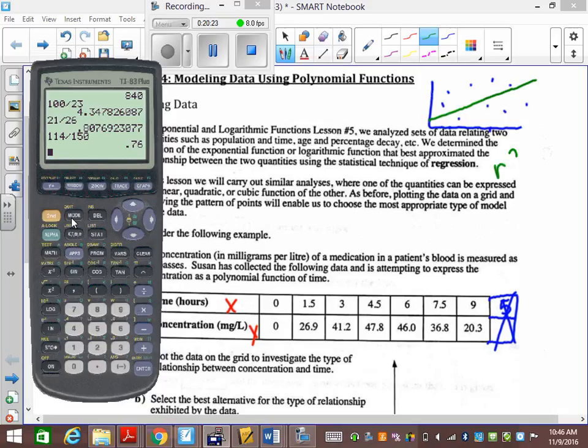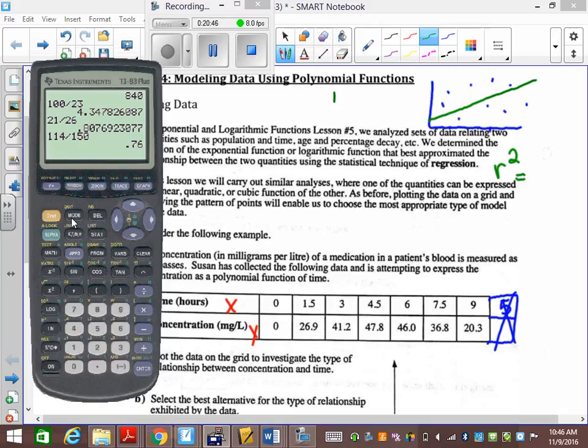Your R-squared value, the closer it is to 1, the better your data fits it. So this one would probably be like 50%, or 0.50. The lower the decimal, basically the worse this line, or whatever equation it is, fits the data.